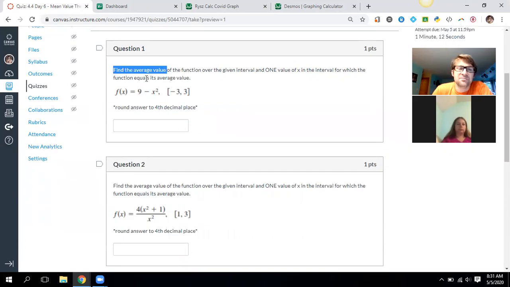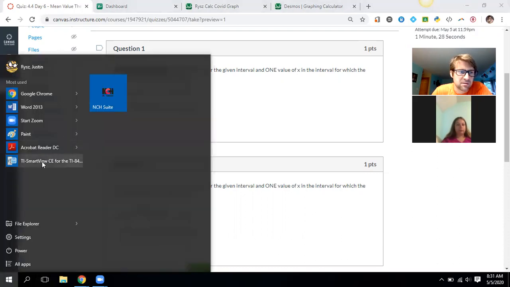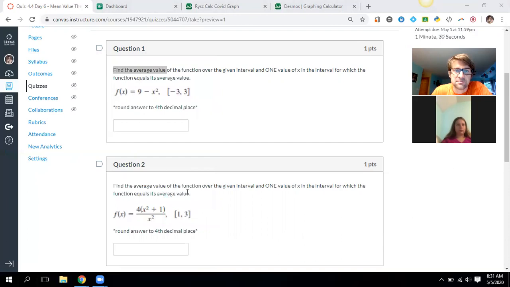To find the average value, remember we had to do 2 things. We had to find the total value, or the integral of the function in that range, and then divide that by the range. I've got to get my calculator out here.